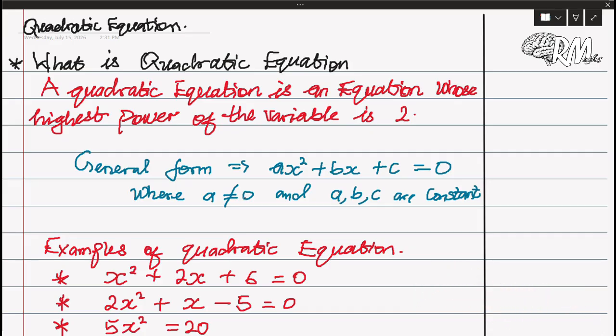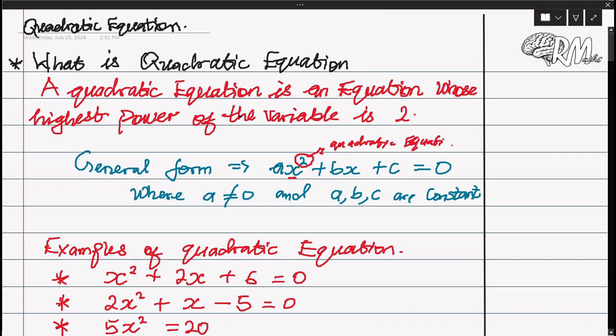So this simply means that any question we see where we have ax squared plus bx plus c equals 0, the power of this x must be 2 before we can call it a quadratic equation. And also this a must never be 0. It can never be 0, and a, b, and c are constants.